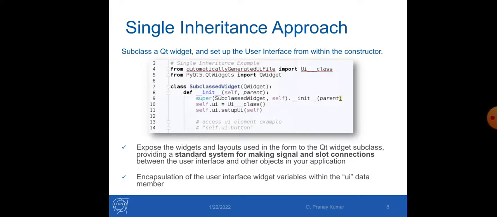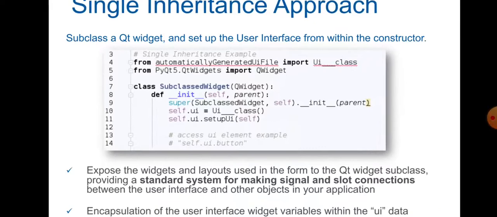The encapsulation of the user interface widget variables is within the UI data member. You can see the code given below, which is used as the single inheritance approach.